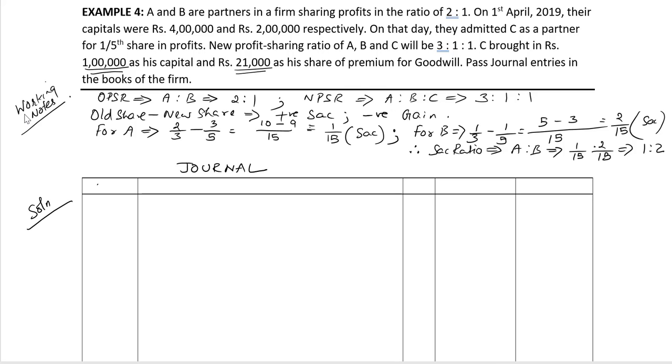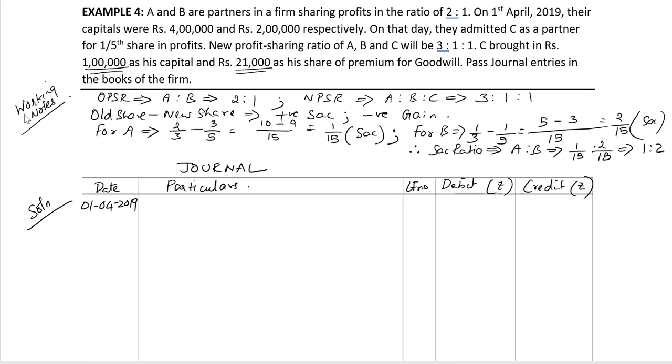So we have journal solution, date, particulars, LF number, debit rupees and credit rupees. Admission of partner was on 1st April 2019.